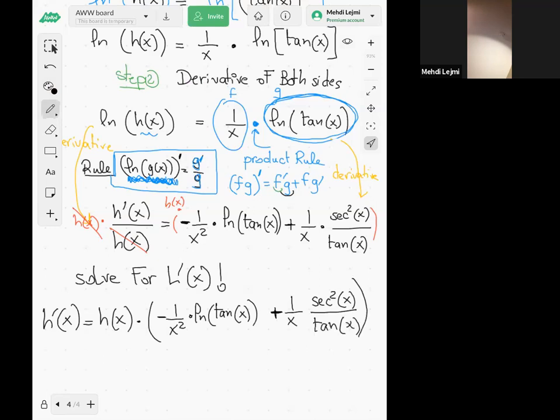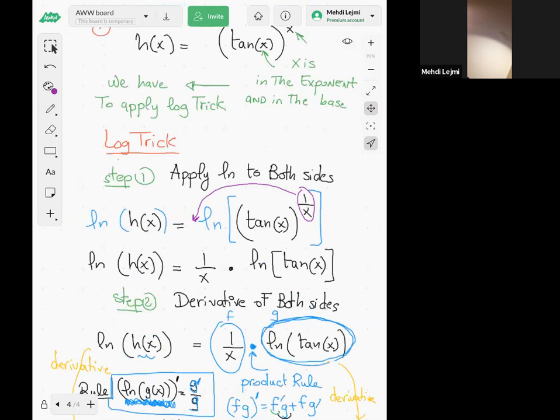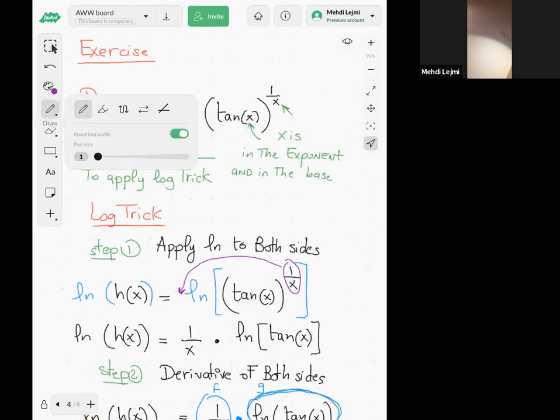Now, what's this h of x? Well, that's our original function, which is the tangent to the power 1 over x.